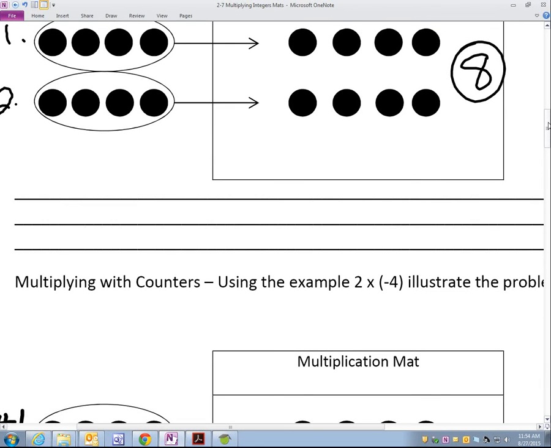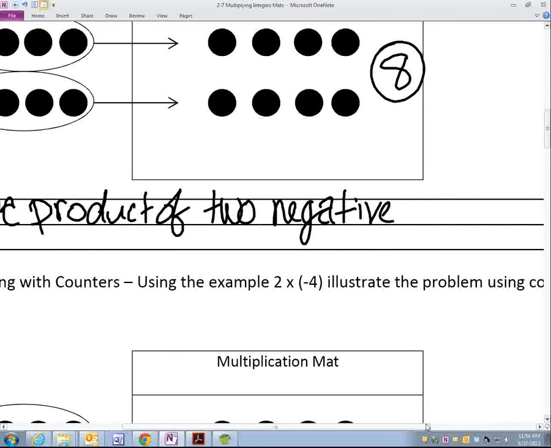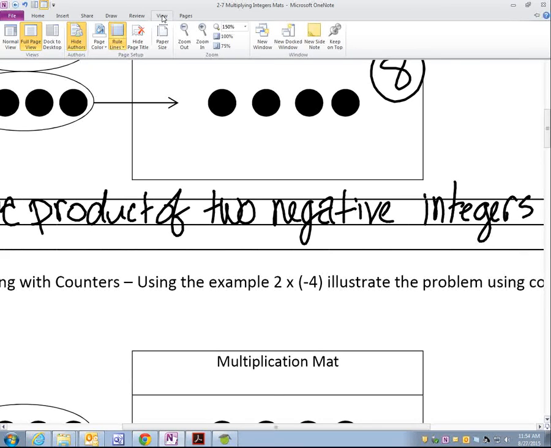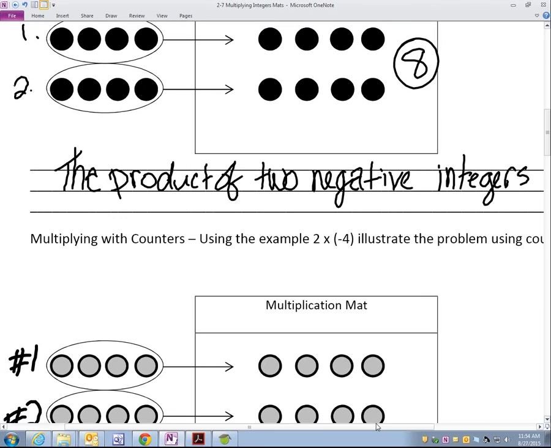So for the little lines here, I want you to write down one of the rules with math. The product of two positive integers. Did I say negative?